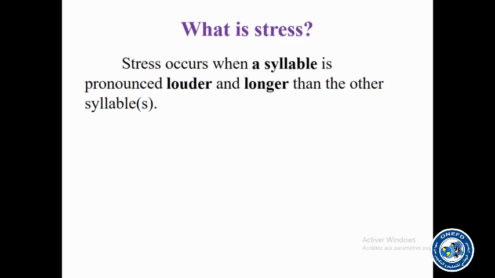Fortunately, this exists in Arabic, so it should be easy for you to understand it. Stress occurs when a syllable is pronounced louder and longer than the other syllable or syllables. It depends if it is a 2-syllable or more than 2-syllable word.